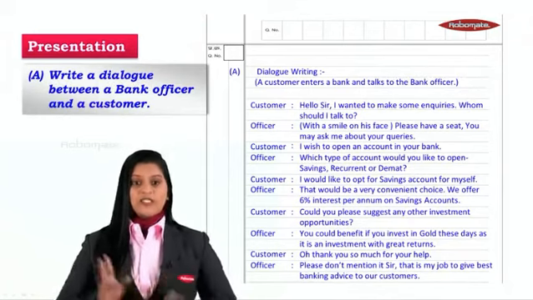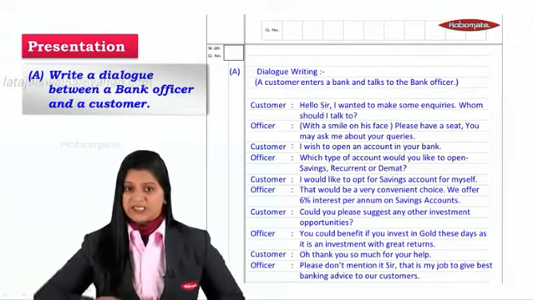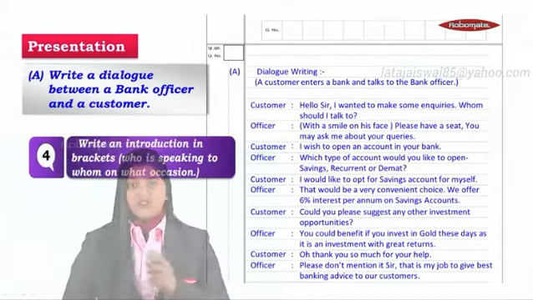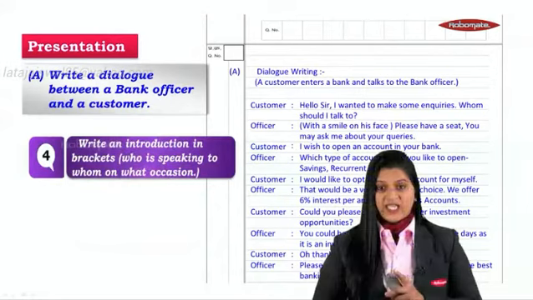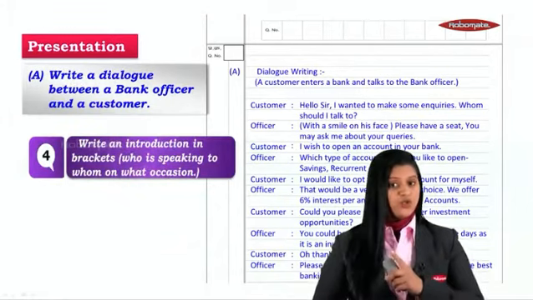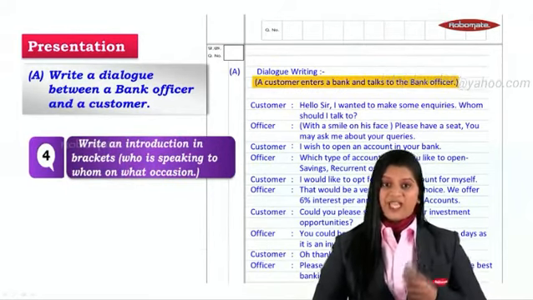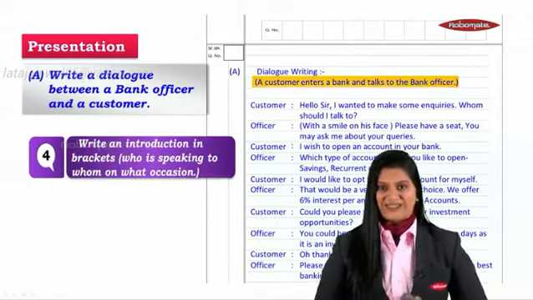Now that was the conversation between these two characters, the bank officer and the customer. Now, let us have a look at the presentation part. First of all, write an introduction in brackets, where you will mention who is speaking to whom and on what occasion. And here we have it: a customer enters a bank and talks to the bank officer.